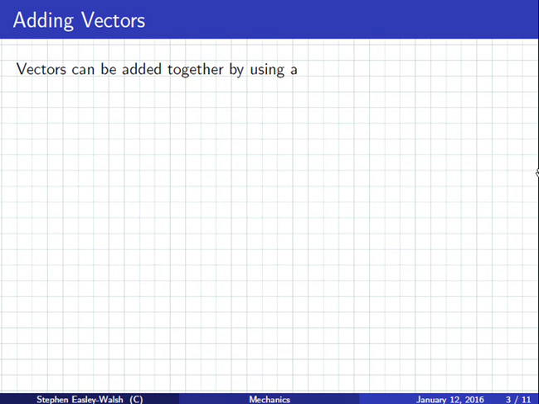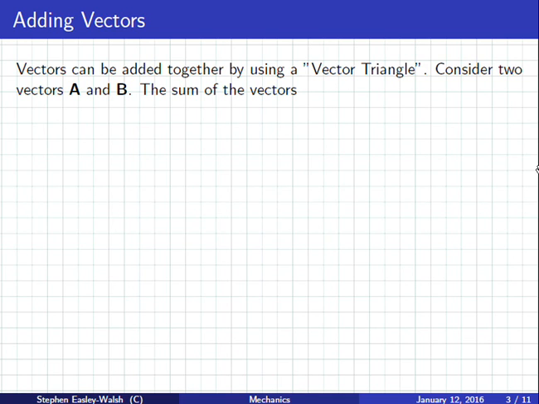Okay, so now we're going to have a look at how we can add vectors together. Vectors can be added together by using what's called a vector triangle, or at least that's one way you can add them together. So imagine you have two vectors, vector A and vector B. To add these vectors together, which is called the resultant vector, you might want to write that down. That's what you call the vector when you add two together.